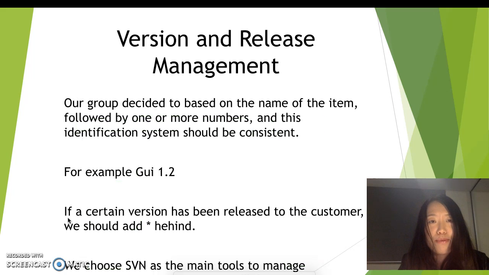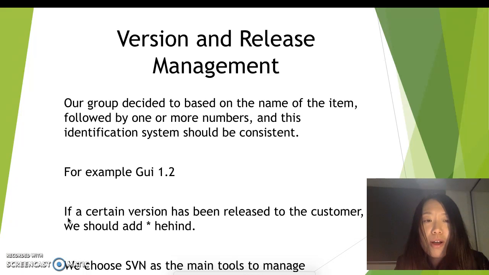The third part will be the version and release management. The main purpose of version and release management is to identify different configuration items. Our group decided to base it on the name of the item, followed by one or more numbers, and this identification system should be consistent.